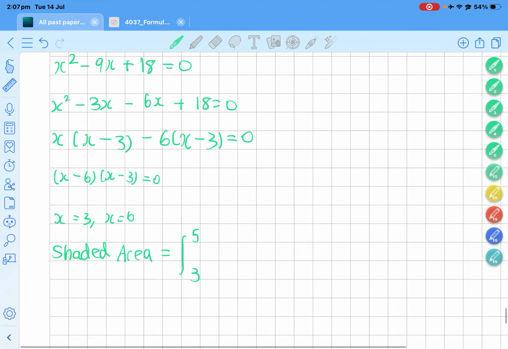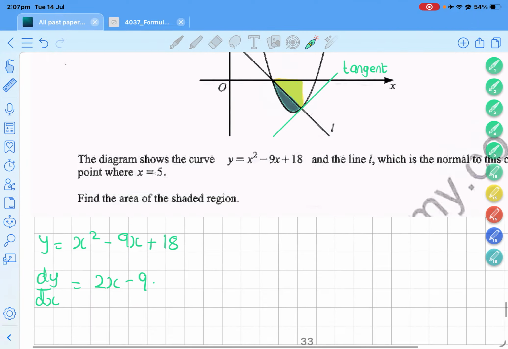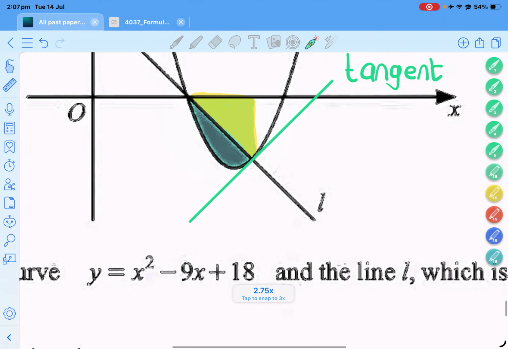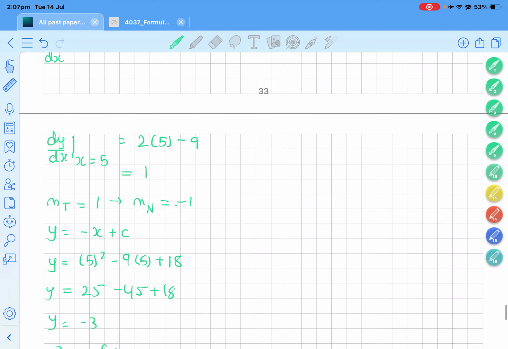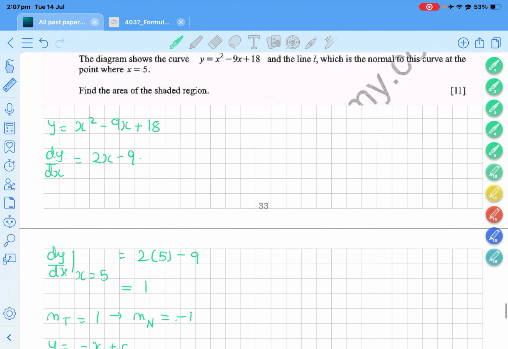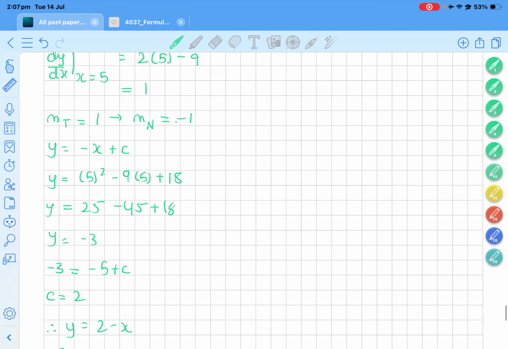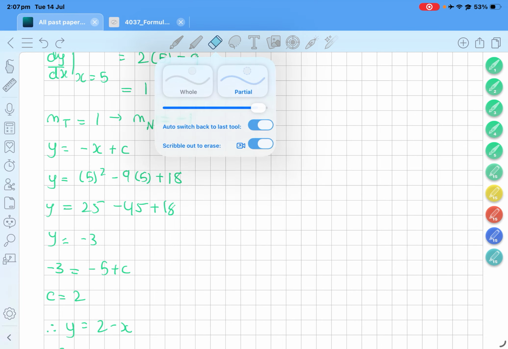And by the way, at this point, 5 squared minus 9 times 5 equals 25 minus 45. So basically this y that we have is in reality a massive portion.